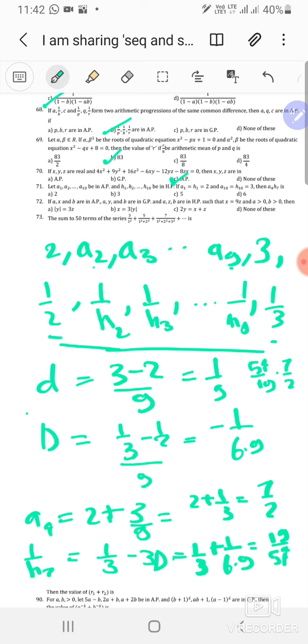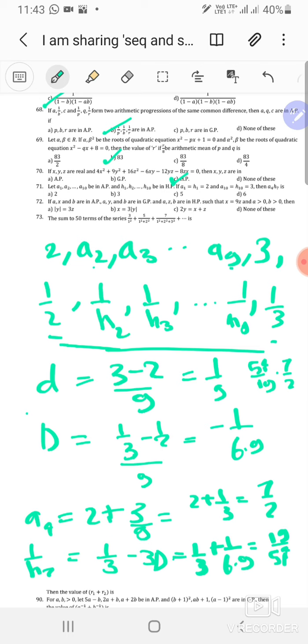So 19 upon 54, that should work. Why am I not getting an integer answer in that case? I don't know. So that's 1 by 7, it's like 54 by 19. I don't know. That's weird.